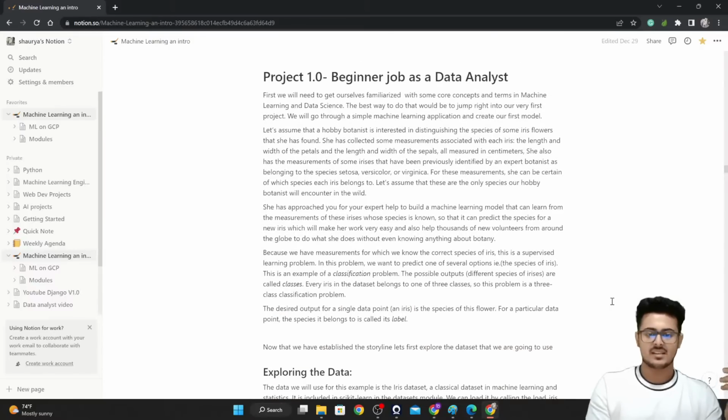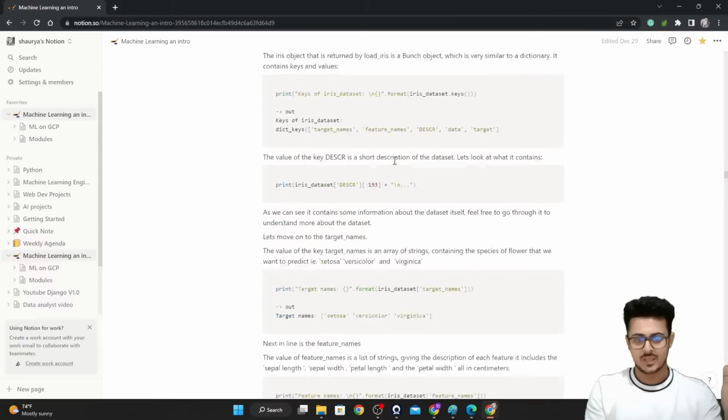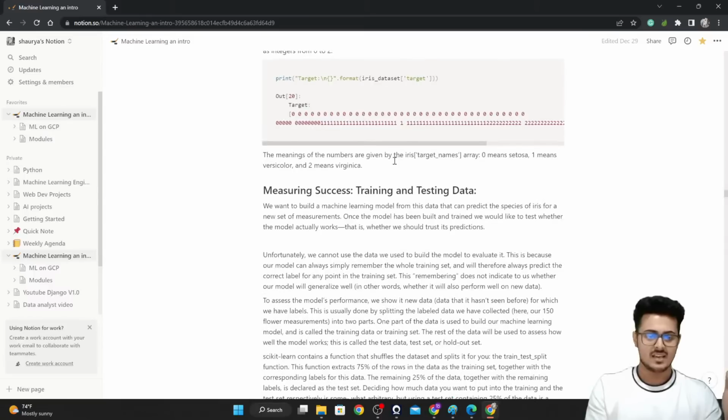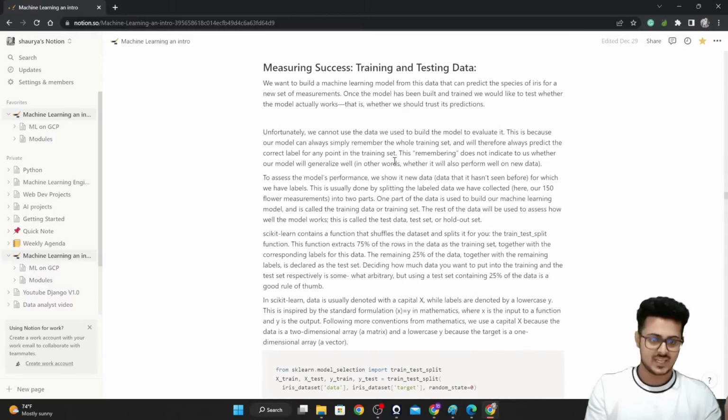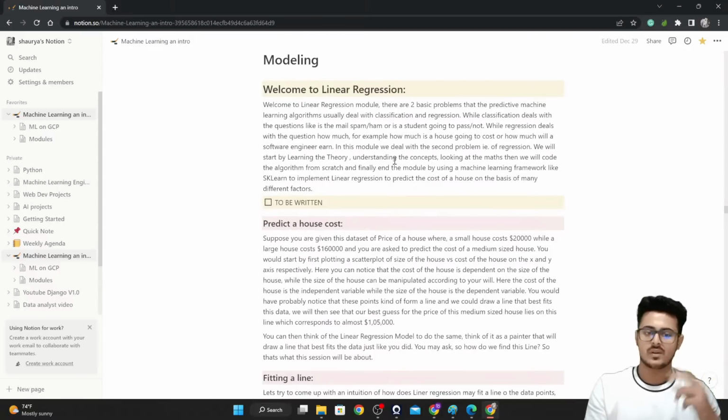I've created all these notes in such a way that you guys will be working as a data analyst on small projects to understand how a data analyst actually works. So exploring the data set, measuring success, training and testing data, inspecting the data, modeling, welcome to linear regression.